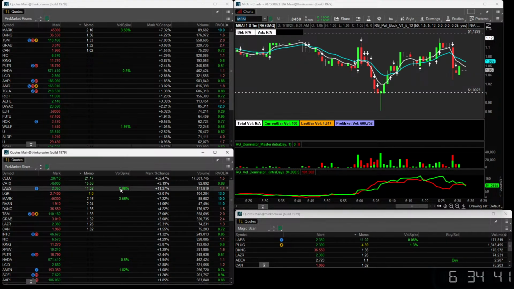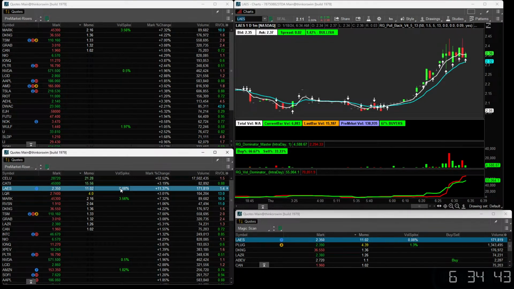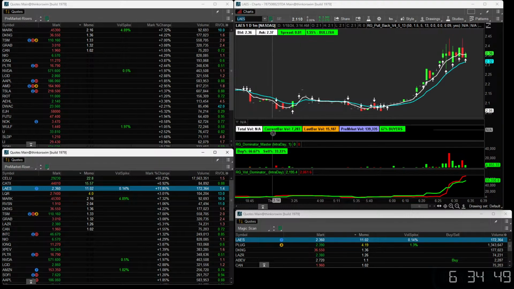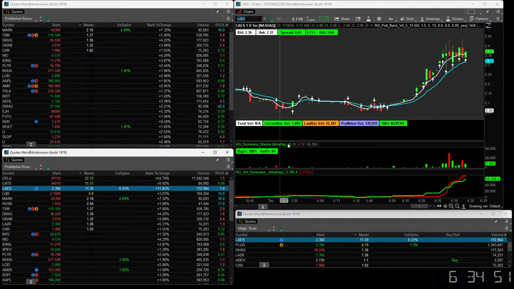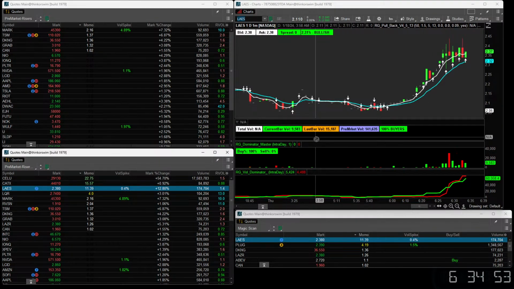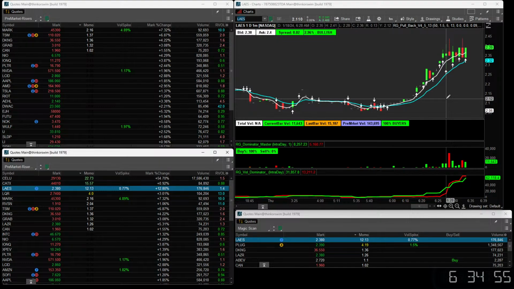LAES. I'm not seeing a volume spike. It just popped up. It may do something. Very low volume. That don't mean it won't pick up, though.